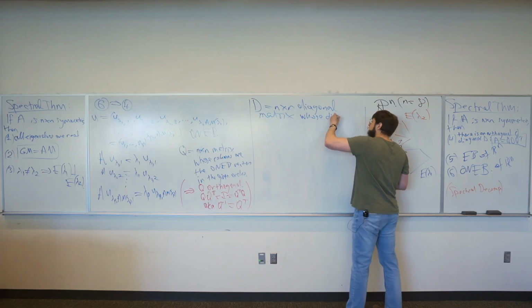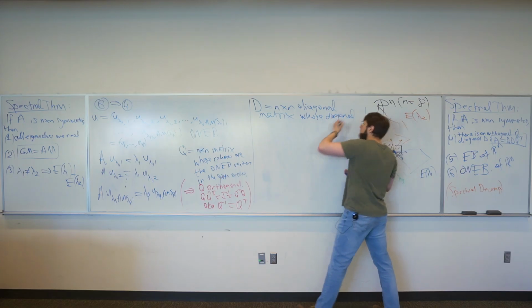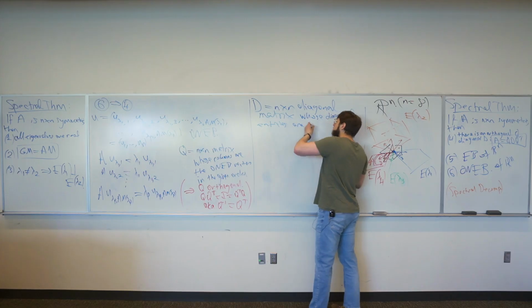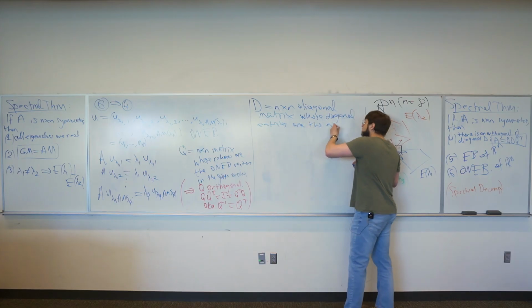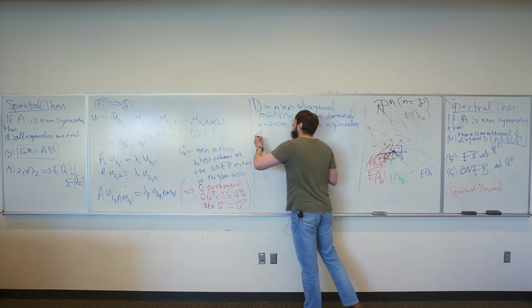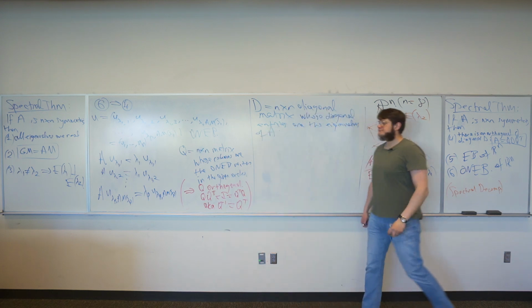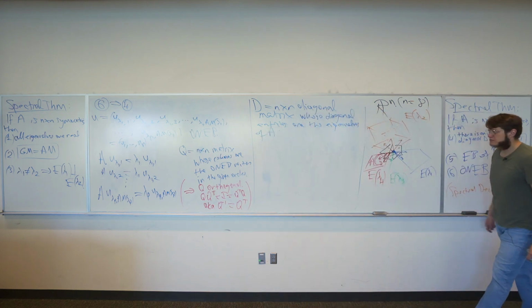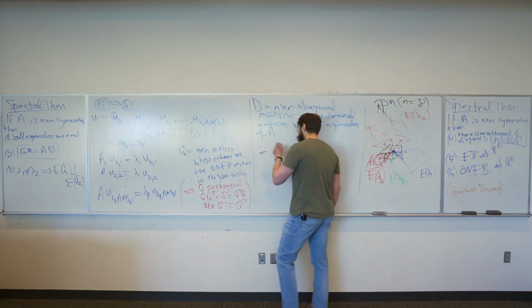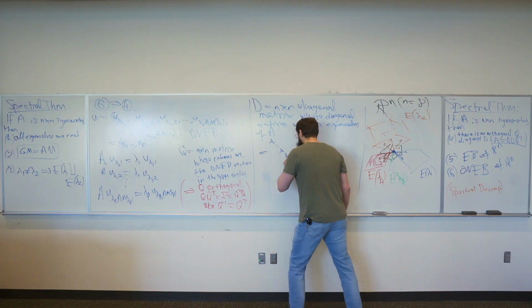whose diagonal entries are the eigenvalues of A. Okay? More explicitly, this is this.